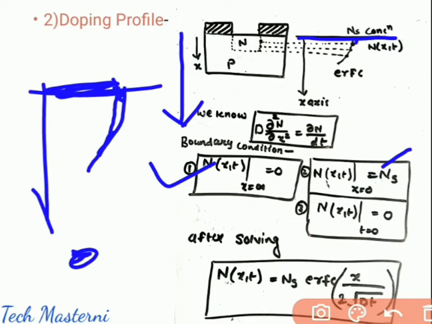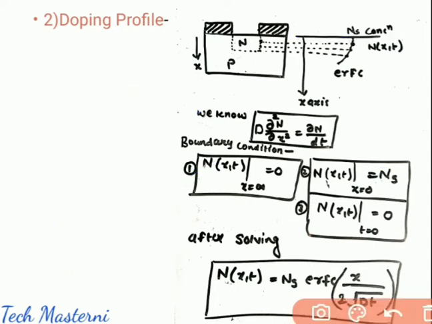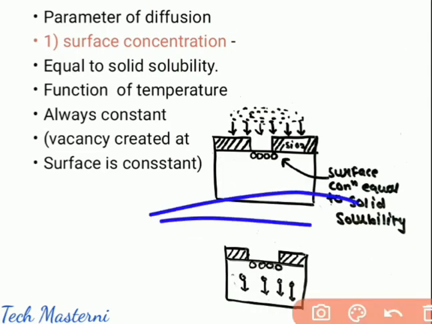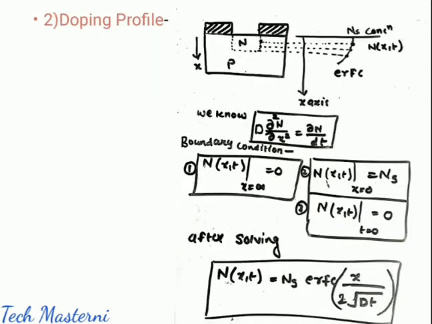It means at time equals 0, there will be no concentration. Obviously, at time equals 0, there will be no concentration. So using these three boundary conditions, we can solve this particular second order differential equation.